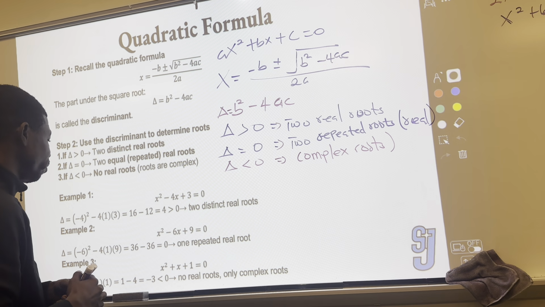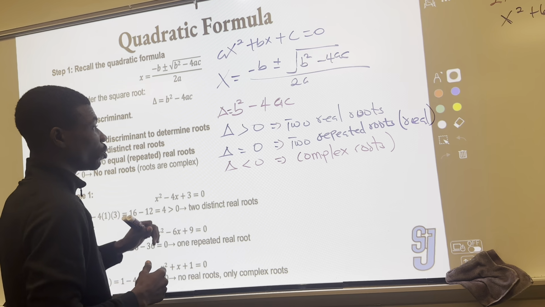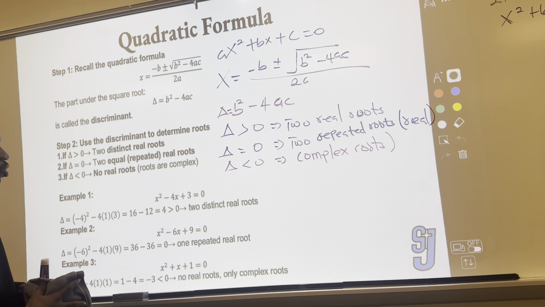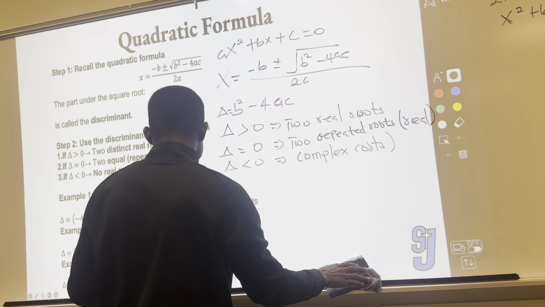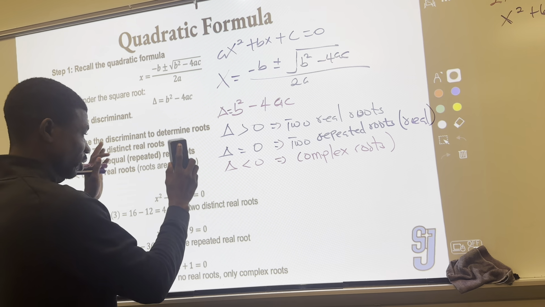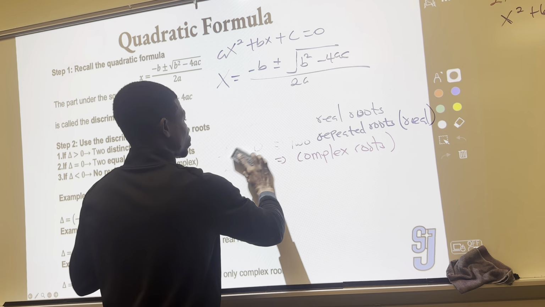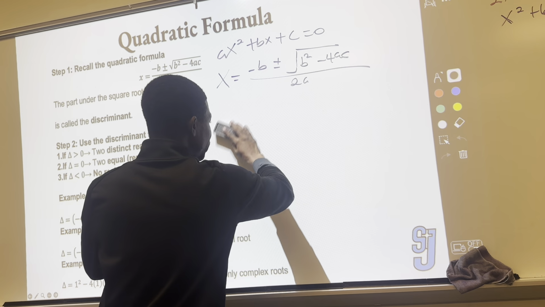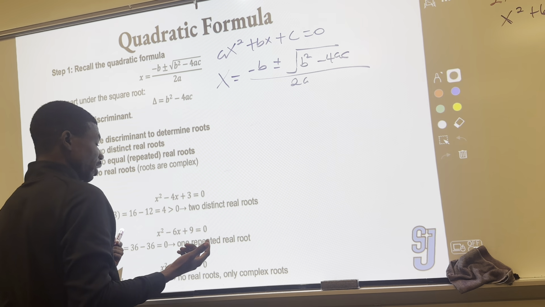If I have this first equation on the board, x squared minus 4x plus 3, I want to test this and see the nature of the roots and also describe it.